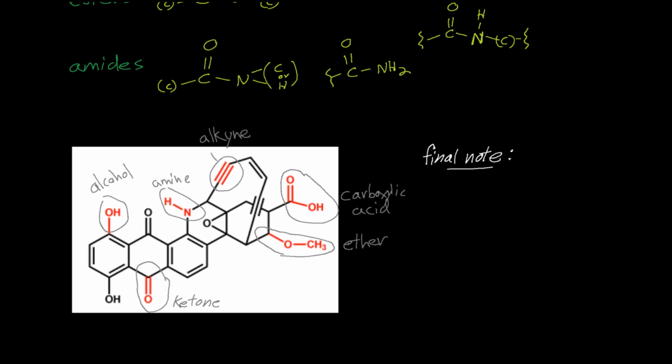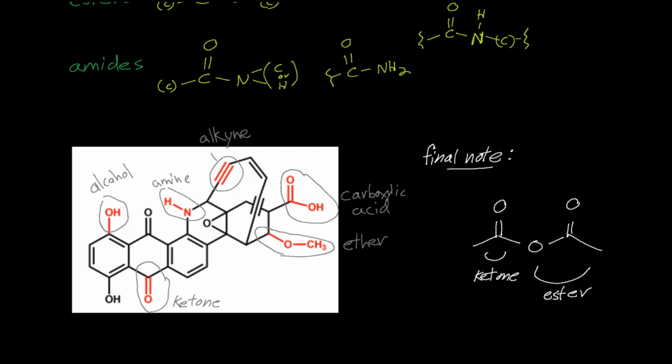So, final note: functional groups are identified as exact units. So if you have something that looks like this, you cannot call this an ester, and you cannot call this a ketone, and you can't refer to this as an ester next to a ketone, because they're all connected as one unit.